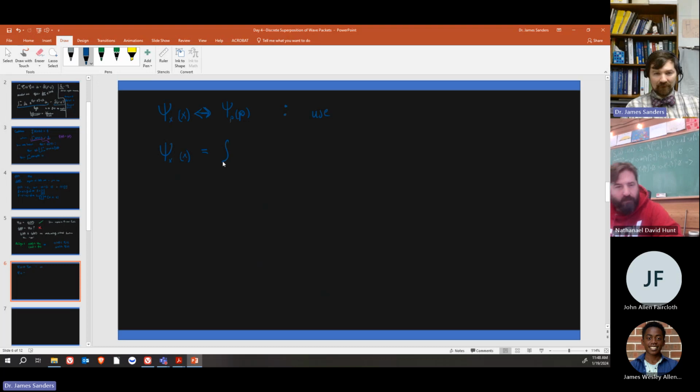Psi of x is from minus infinity to infinity. Remember that these right here are your base states. These right here are the state that you're actually in, represented in P and in P space. So these right here you're representing with P as your basis, but you're going in X space.